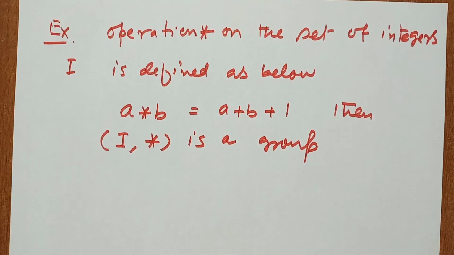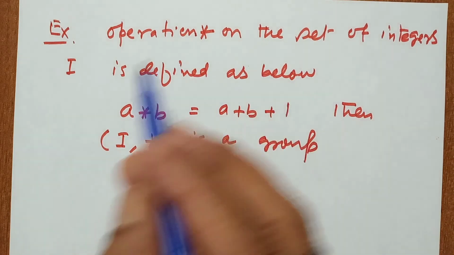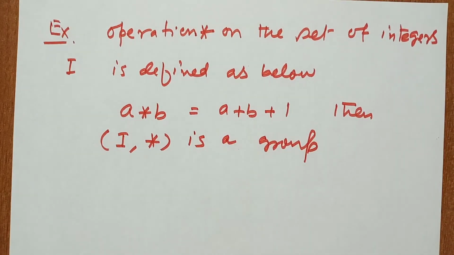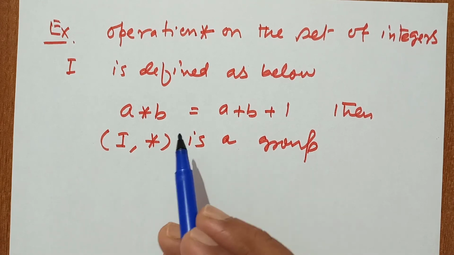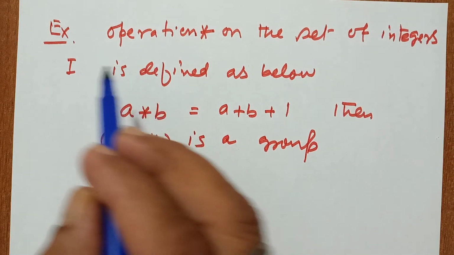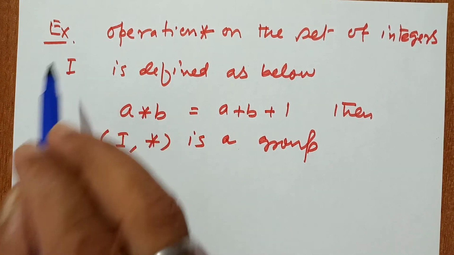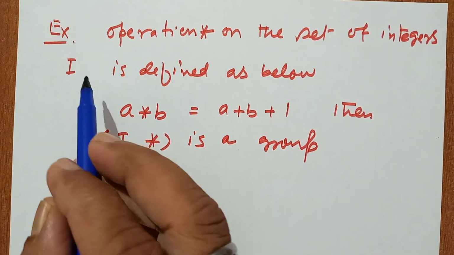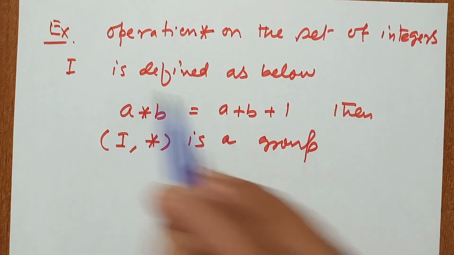So now this is a very important question, there are so many questions of this type. So I want to explain one question. Okay, so what is the question? So here the set is I, the set of integers, and the operation is given, this star.